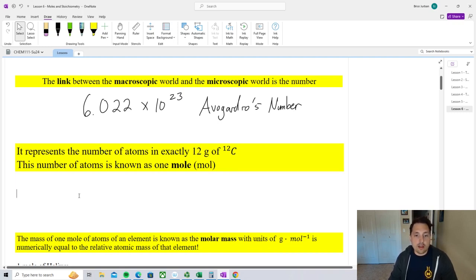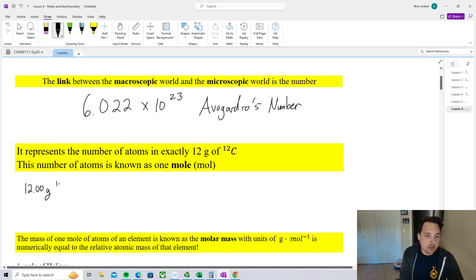Well, if we know that there are 6.022 times 10 to the 23rd atoms in 12 grams of this isotope, we could just take that amount of mass and divide it by the number to find the mass per atom. So let's do it like this.